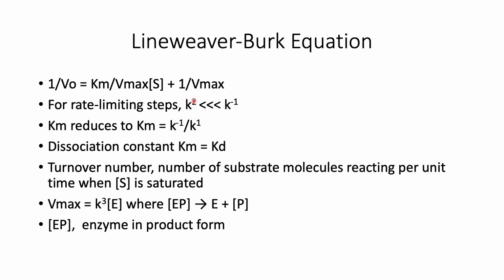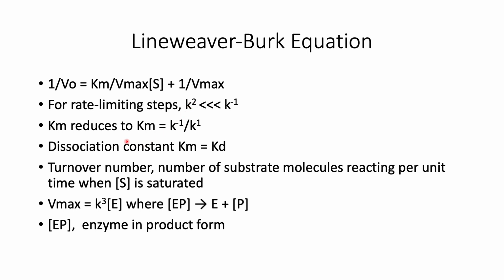But that number has to be much greater than the forward reaction of the second order equation, which is the enzyme substrate complex going forward to product and enzyme. So the rate limiting step is this forward reaction of the second order, which is ES breaking down to product and free enzyme.